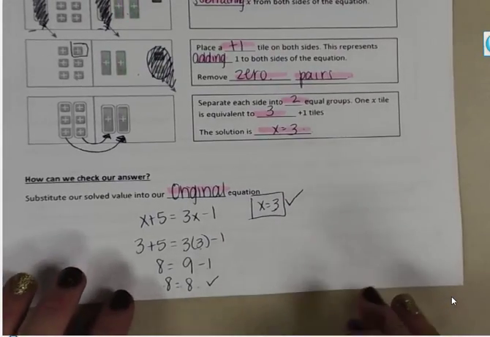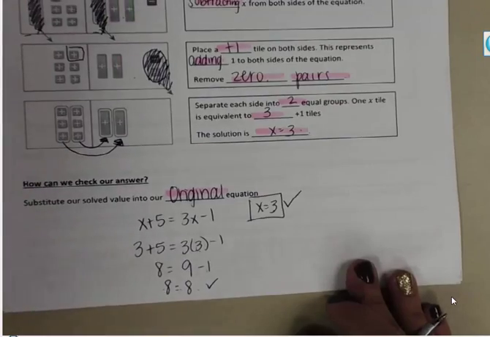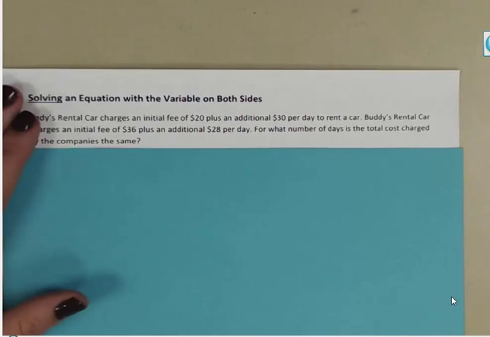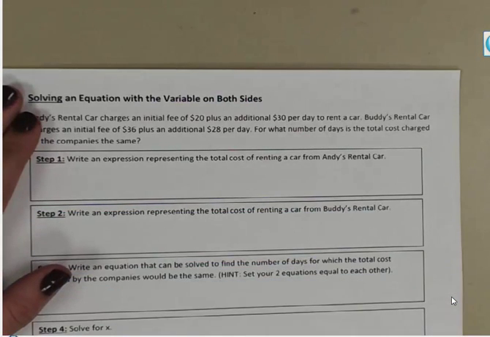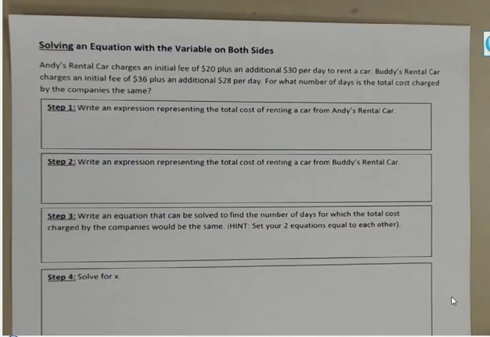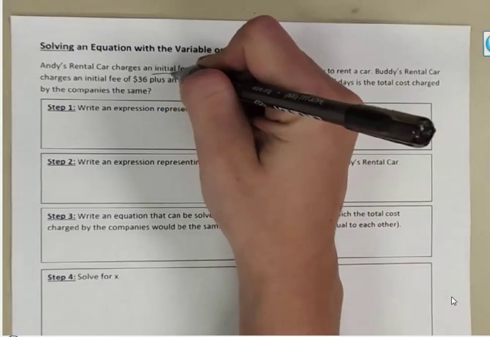Alright. Now we're going to go to the back. And we're going to look at solving an equation with the variable on both sides. So now not with the modeling, just the straight up solving. Alright, so Andy's rental car charges an initial fee. We know that word initial is important.